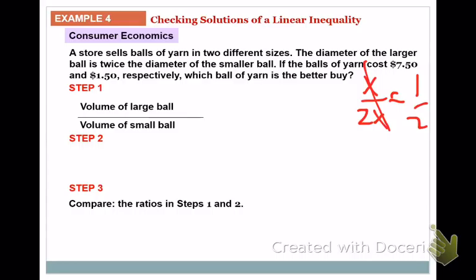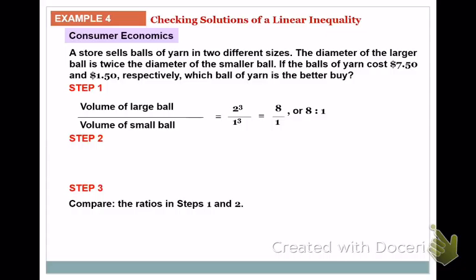We have to do the ratio of the volume. So what do I have to do to 1/2? Cube it. What is 1/2 cubed? Yeah. 1/8, right. 2 times 2 times 2 is 8. 1 times 1 times 1 is 1. They have it large over small, so it would be 8 over 1.